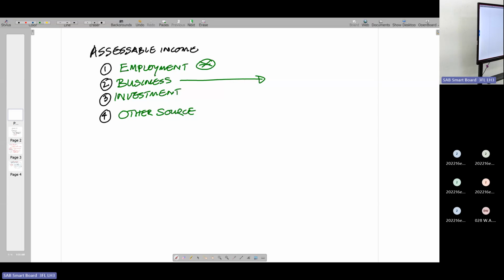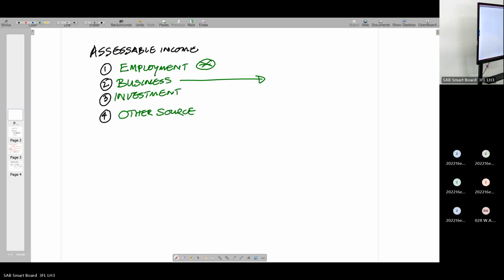Whatever income we have, first we check whether the attributes of employment income are there. If it is the case, then we work out that income as per the guideline to the taxpayer, as per the tax law on how to work out employment income. If it satisfies that criteria, we work it out and finish.